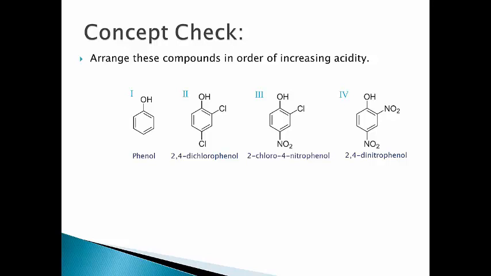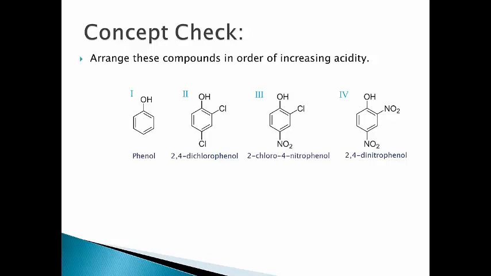So from the slide we looked at before, we know NO2s are the most electron withdrawing compared to chlorines, and hydrogens are not electron withdrawing. Remember, we want to destabilize that OH bond and make that O minus, so that hydrogen's going to go away. How do we do that? We do that by pulling the electrons away from that. So we want groups that are electron withdrawing.